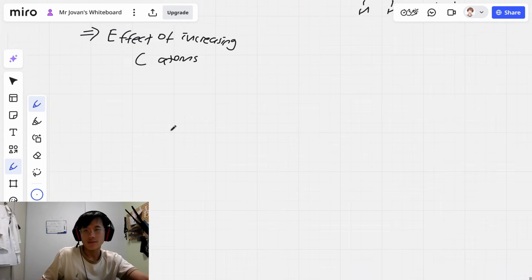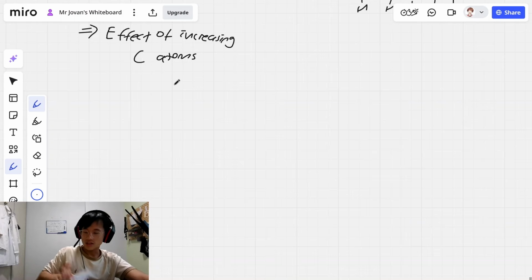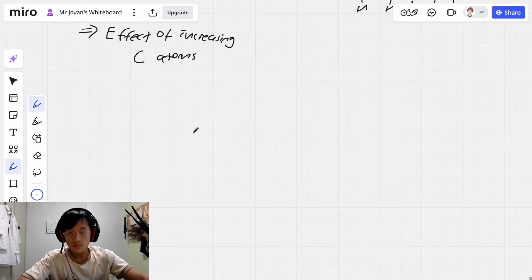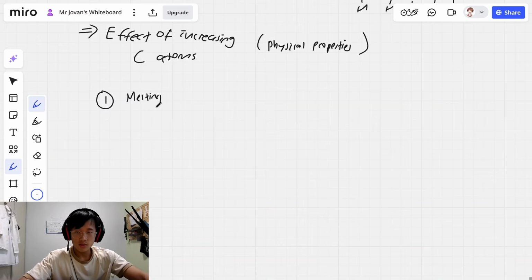When we change the number of carbon atoms in our homologous series, let's see what the changes are. First of all, we must know that when we increase the number of carbon atoms, this is actually affecting the physical properties of the compound. What are physical properties? First of all, we have melting and boiling point.